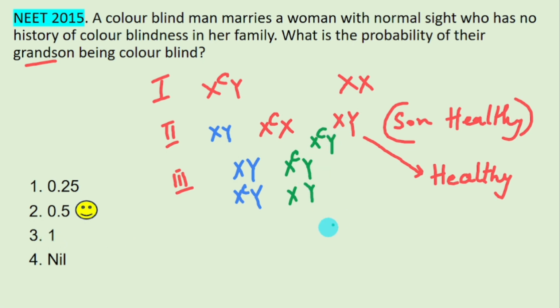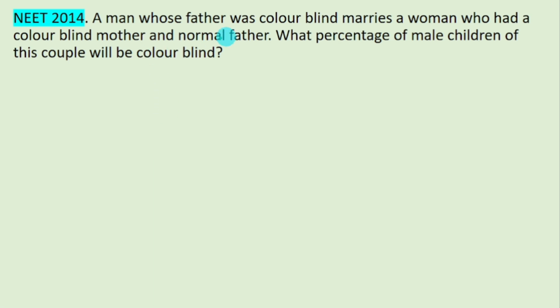Okay, so in the NEET exam, you will have to spare around 3 or 5 minutes to attempt this kind of question. Next one: a man whose father was colorblind marries a woman who had a colorblind mother and normal father. What percentage of male children of this couple will be colorblind? So see, the generation which they are talking about will be in the center.